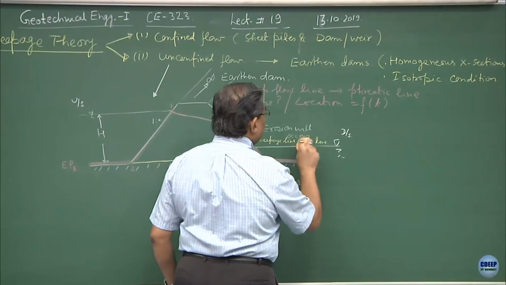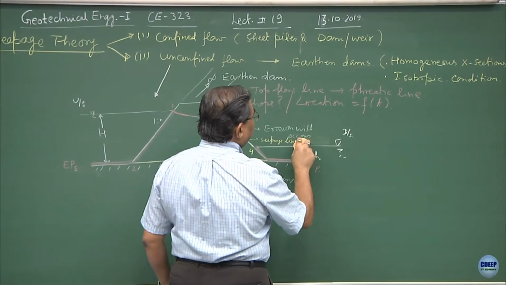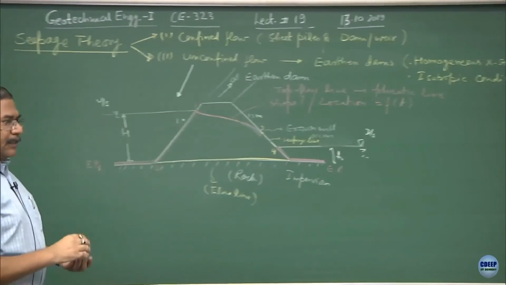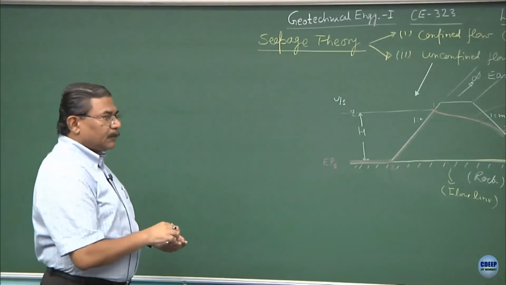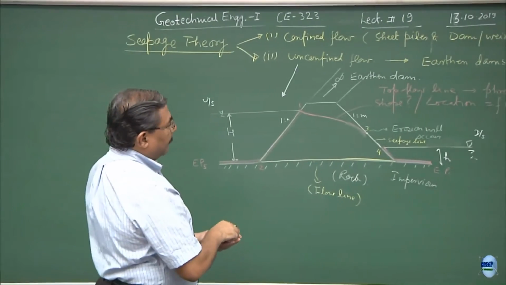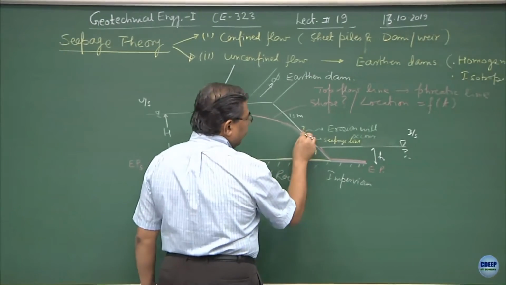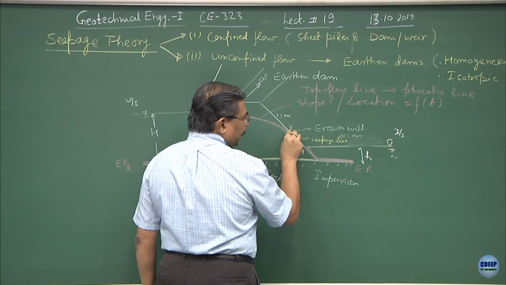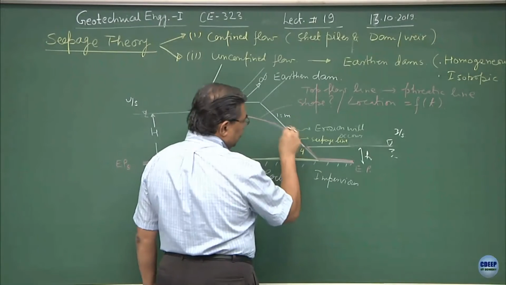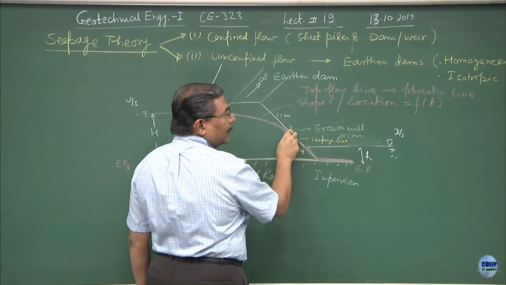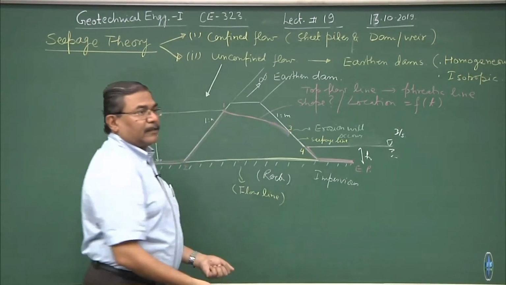Better you call this a seepage line only, alright. Now we are interested in finding out what is the location of point 3, what is the velocity of the seepage which is taking place at this point, what is the shape of the top flow line, alright, and what its location is.